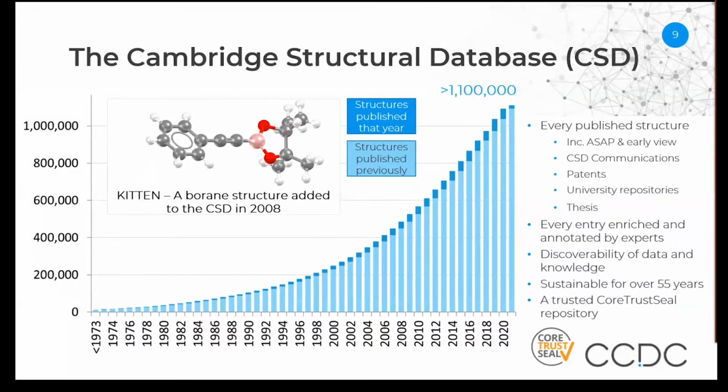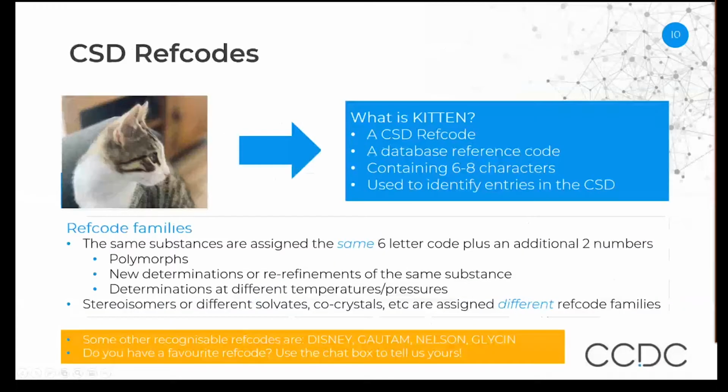And you can see the growth of the database here since 1972. And you can see one of the structures that we call kitten. Hopefully you remember what kitten is if you've attended one of our virtual workshops before.